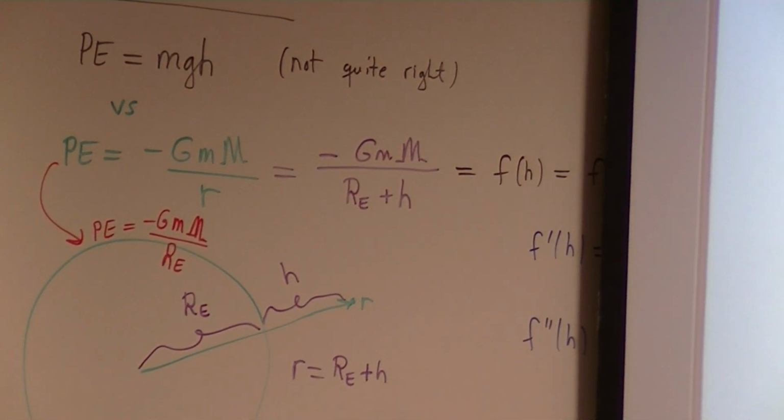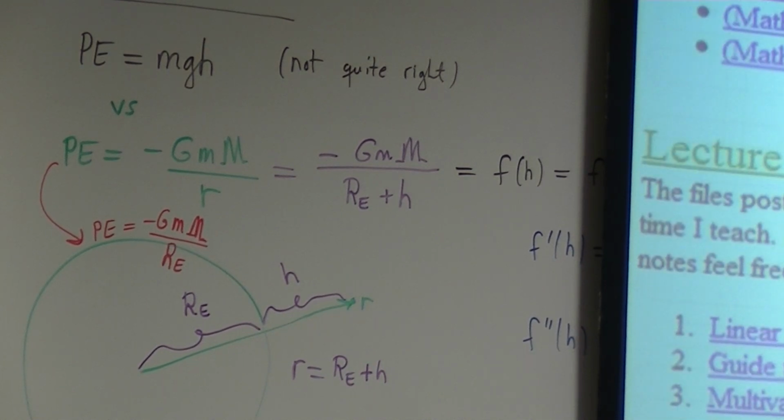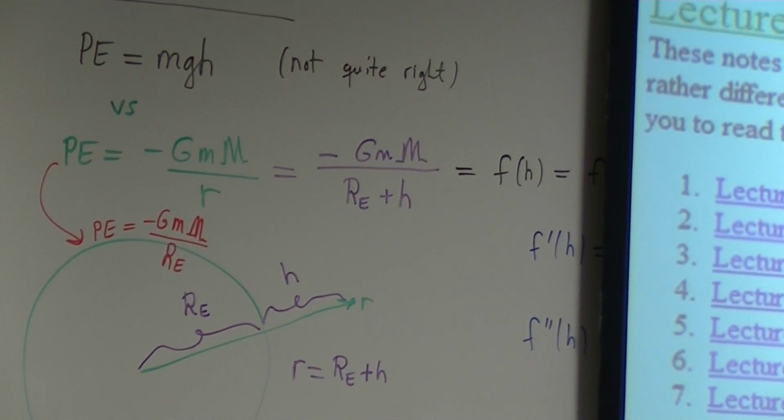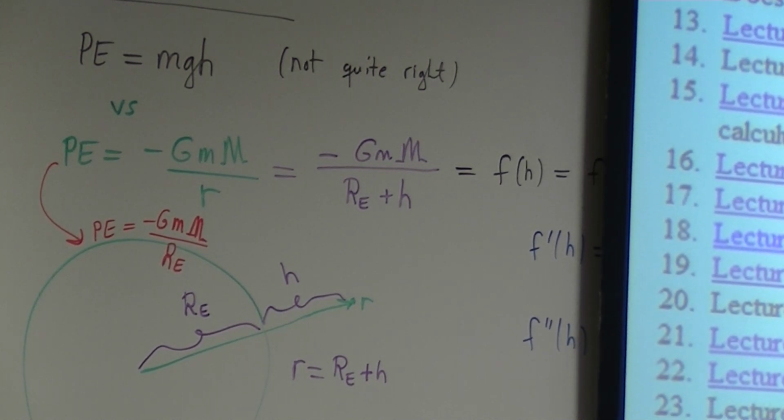And by the way, you might have noticed in the lectures, do you guys remember where I gave an example using this? I'm trying to remember where it was. I think it was a while back.